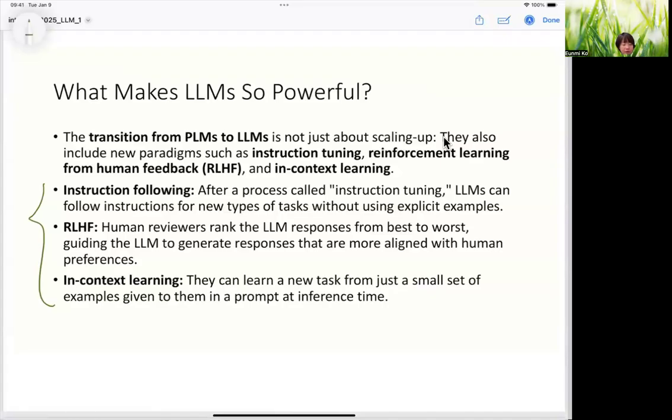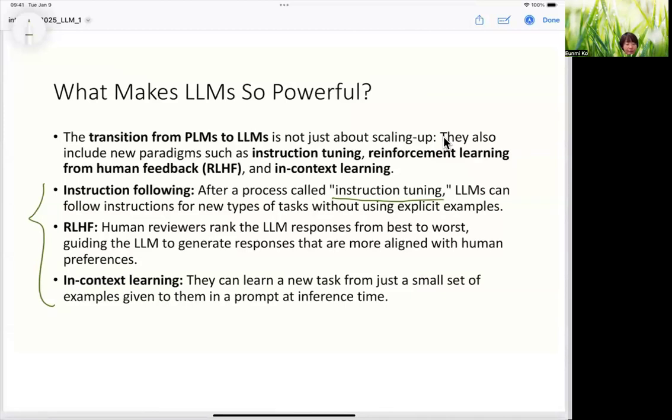First one is instruction following. After a process called instruction tuning, large language models can follow instructions for new types of tasks without using explicit examples. You can just give an instruction, then large language models like ChatGPT will perform as you want.